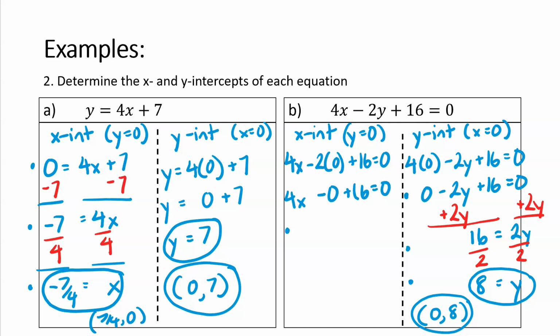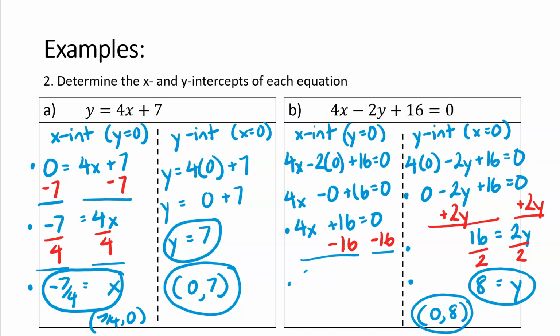What we want to solve for x is 4x plus 16 equals 0. At this point, to isolate x, we want to subtract 16 from both sides and see what our result is.